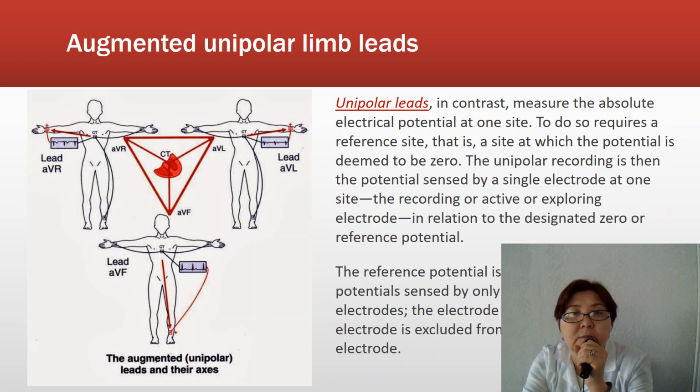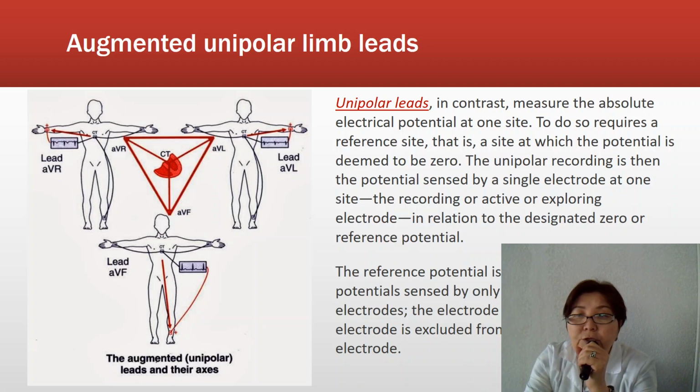Augmented unipolar limb leads, in contrast, measure the absolute electrical potential at one site. To do so requires a reference site, that is, a site at which the potential is deemed to be zero.